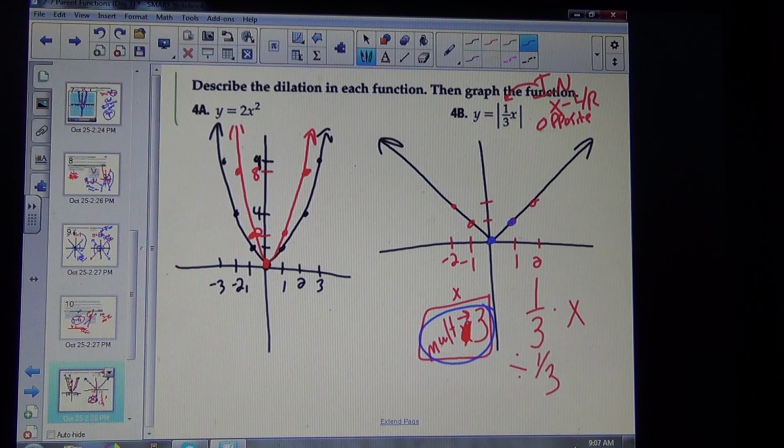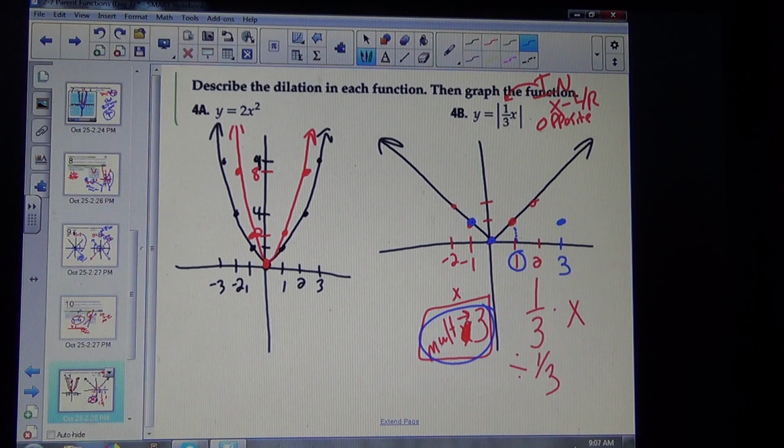Okay, so the next one here that'll change now. So what is my x value there? It'd be 1. So what's 1 times 3 going to give me? 3. So now this point is now going to shift, or not shift, but multiply 3 times out to there.